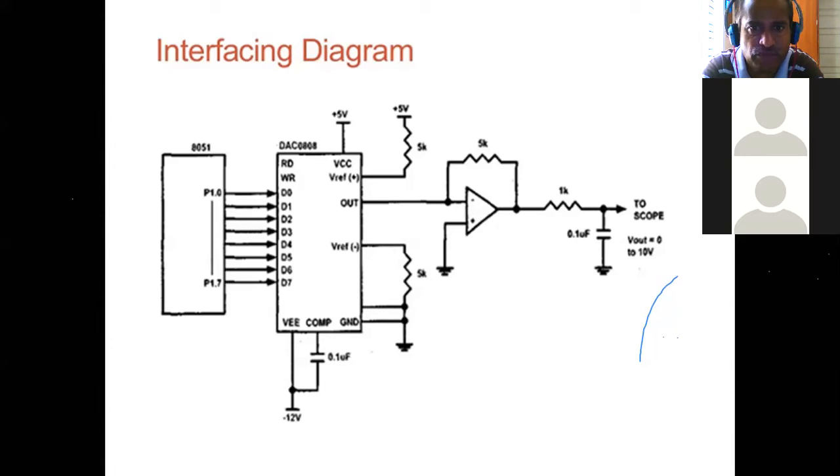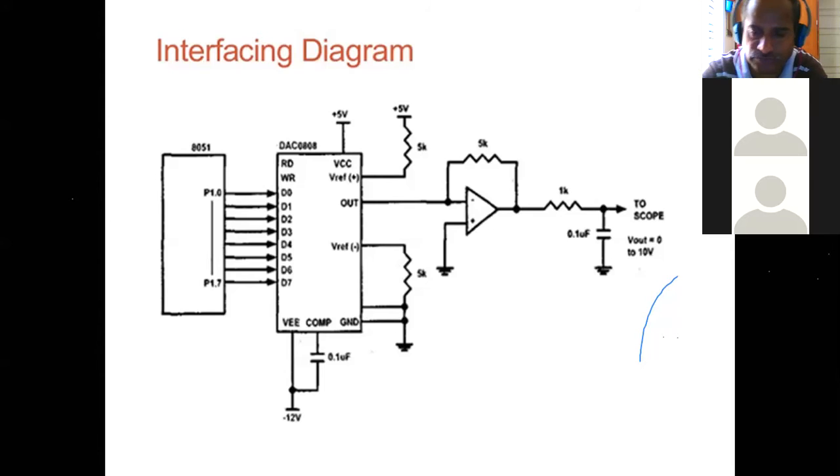Here 5 kilo is used as a feedback resistor. So if I get 1 milliampere of current, then I am getting 1 volt, and it is applied to the oscilloscope. This is a simple interfacing circuit of how to interface the 0808 DAC to microcontroller 8051.